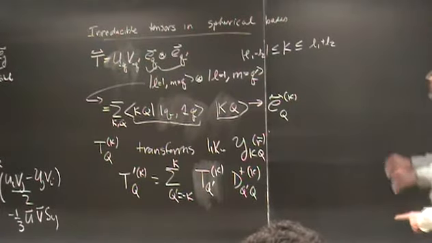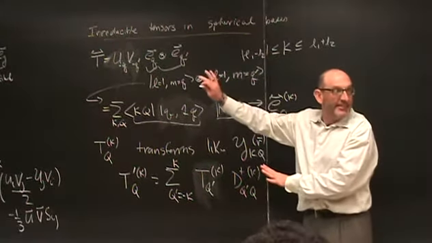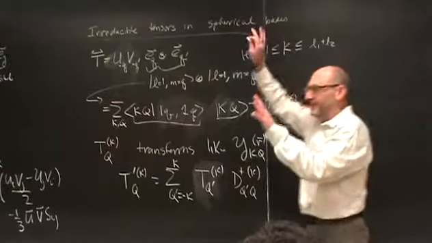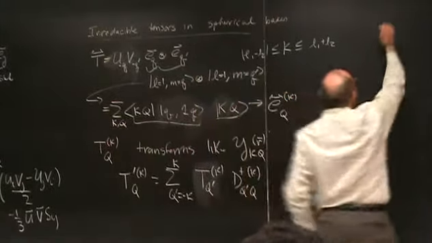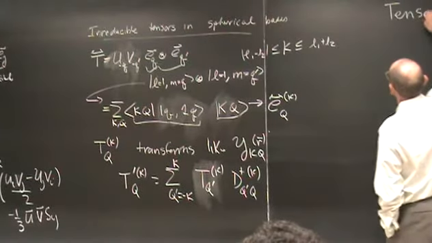All right, so then we took this and we talked about, okay, so these are tensors and polynomials of x, y, and z. And then we talked about tensor operators.